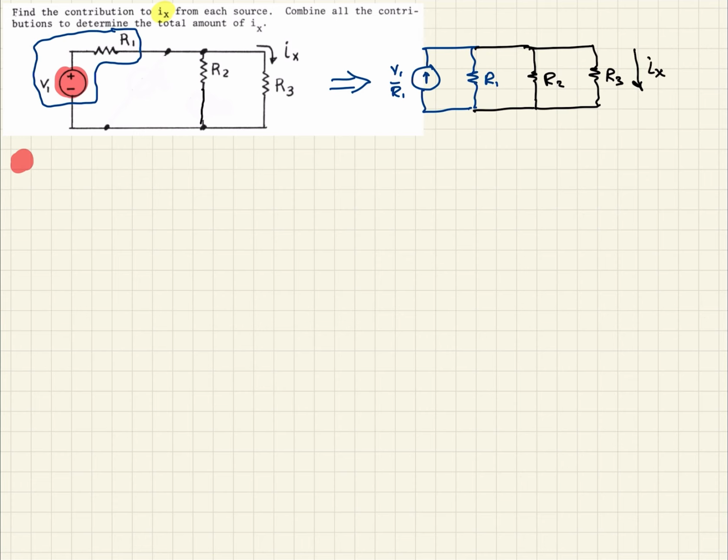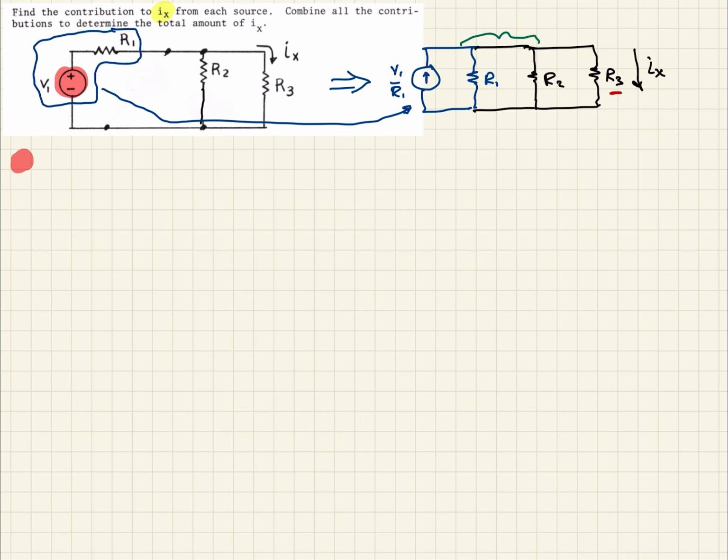So when we look at this, this is just a current divider, pretty simply. Again, remembering that this part here that I'm showing in blue is transformed to that there. So when we do current division, remember we have the resistor that we're interested in, which in this case will be R3, but then we have the branches that we're not interested in.